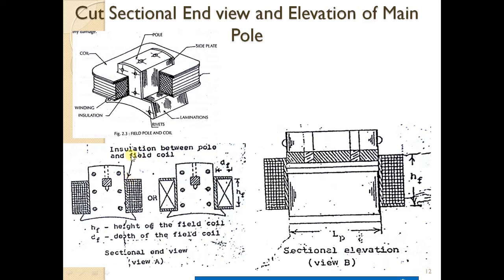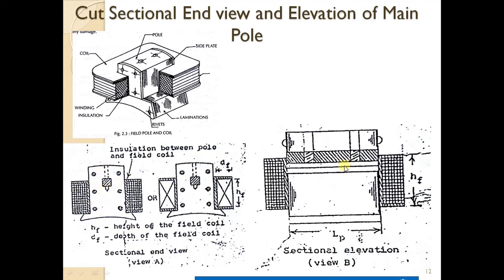That is for insulation between the pole and the field coil. And these are the riveting holes, where I can fix the poles to the yoke. So for this you require two more data: the height of the field winding and the depth of the field coil, along with the data of the main poles.